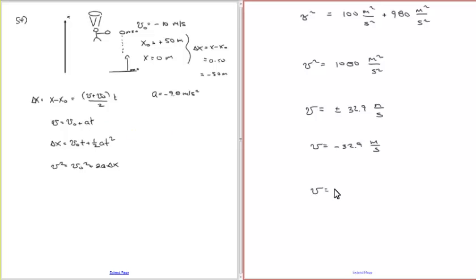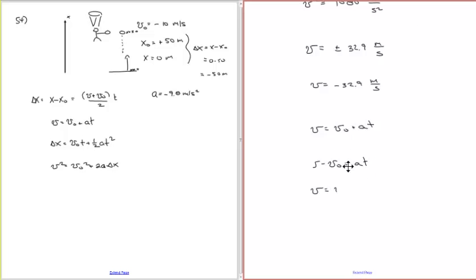So if you take v is equal to v0 plus at, that's the same as v minus v0 is equal to at by subtracting v0 from both sides. If you divide by the acceleration, you find out that t is v minus v0 over a. Because we know all that stuff. So v is negative 32.9 meters per second, and we subtract v0, which is negative 10 meters per second.